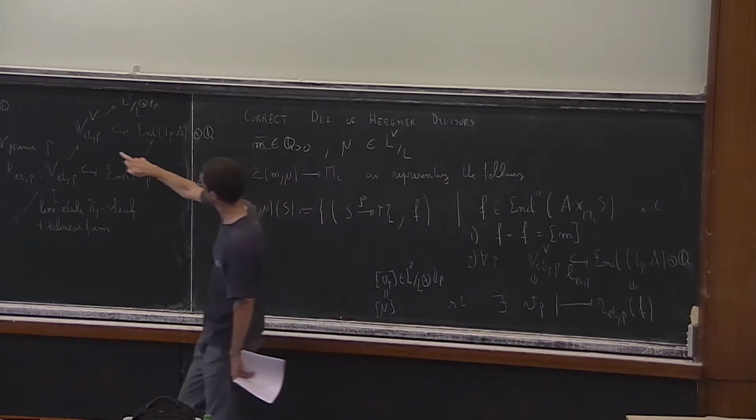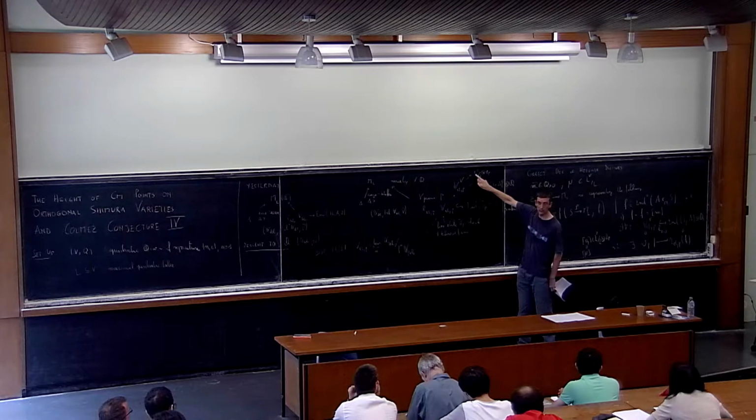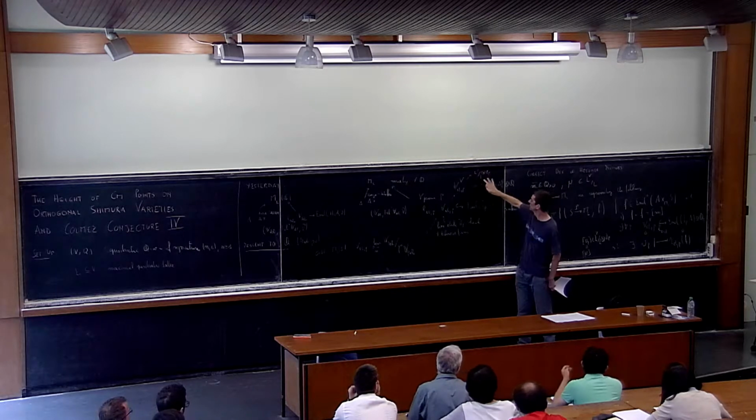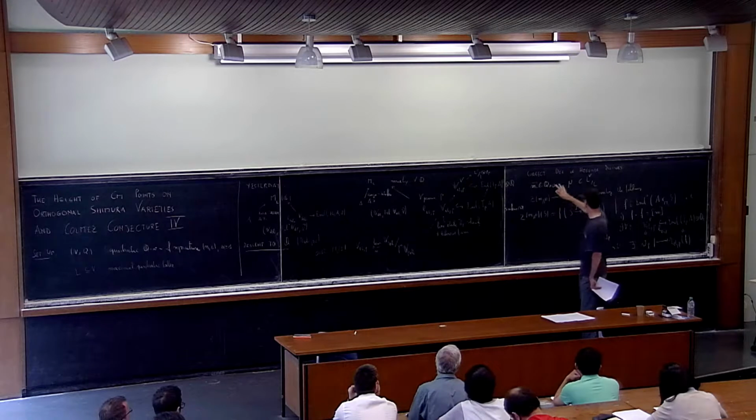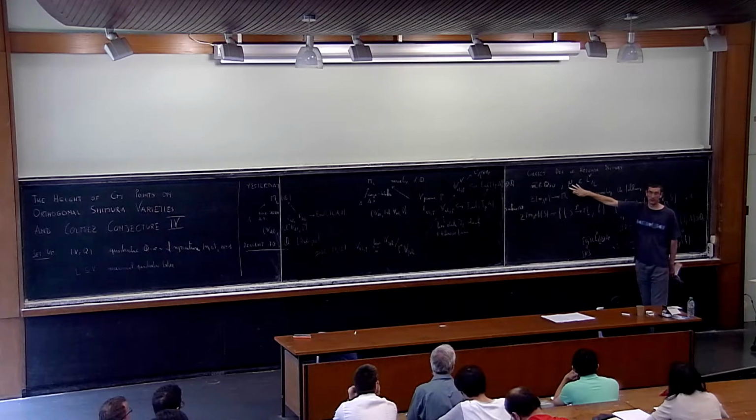So here I'm using this exact sequence to see my little v, the p part, in the p part of L dual modulo L, and I wanted it to be the p part of my mu.